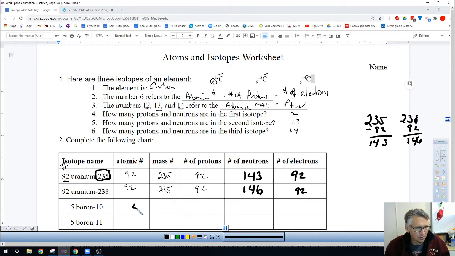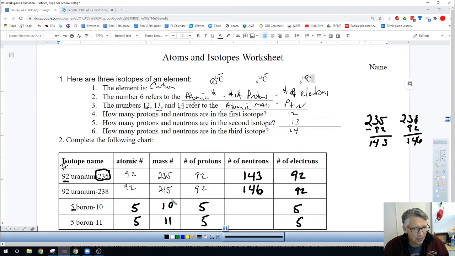Boron 10 and boron 11. Its atomic number is 5. Its atomic mass is 10 and 11. The number of protons is 5. So the number of electrons in a neutral atom, if it has 5 protons, it needs to have 5 electrons. And if it has an atomic mass of 10, that mass is protons plus neutrons.